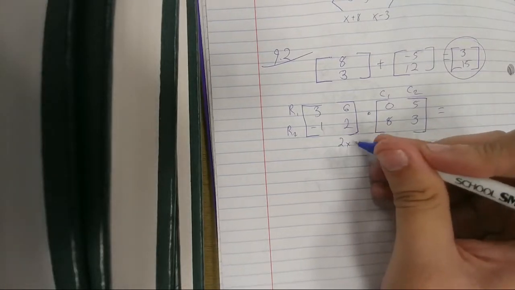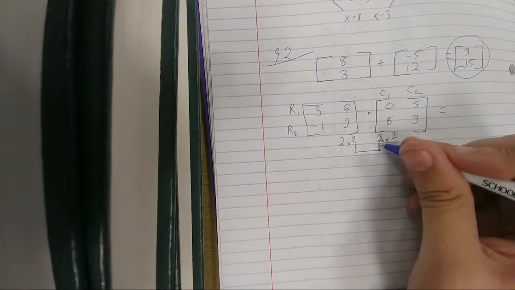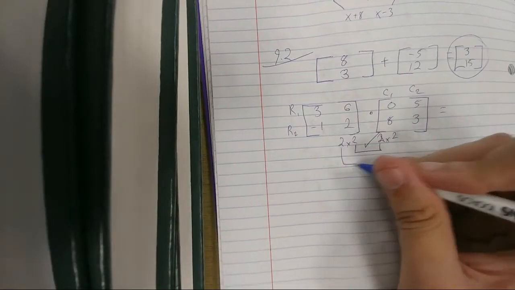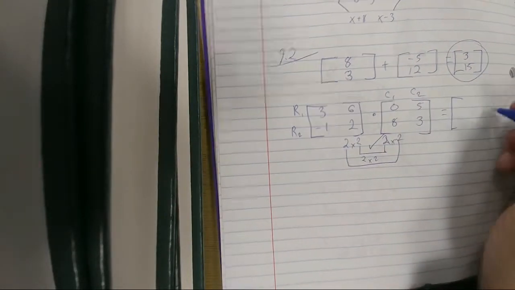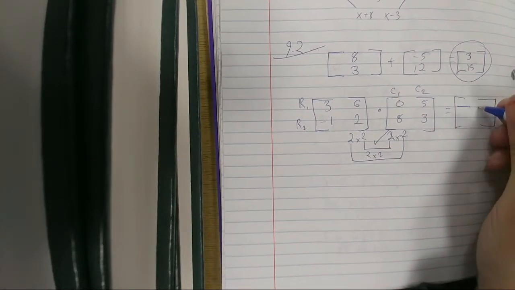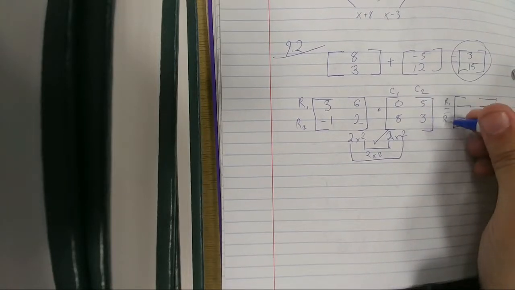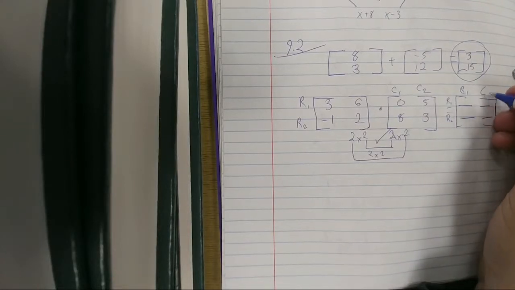So this is a 2 by 2, and this is a 2 by 2. First, let's check if that works. Since these two in the middle are equal, that's okay, it works. And your new answer is going to be a 2 by 2. So I can just pre-draw that. 1, 2, 3, 4. And I'll call this row 1, row 2, column 1, column 2.